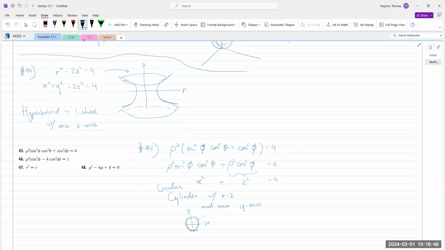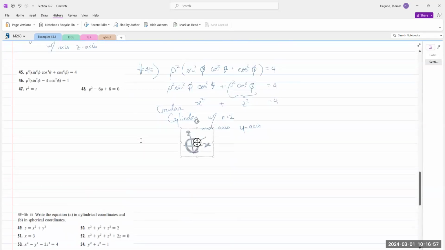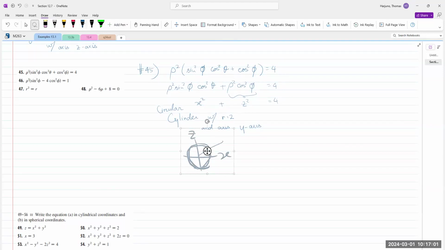Let me enlarge this, it's too small. If we extend it in the y direction, then you will see it actually looks like a circular cylinder. Okay, that's for number 45.